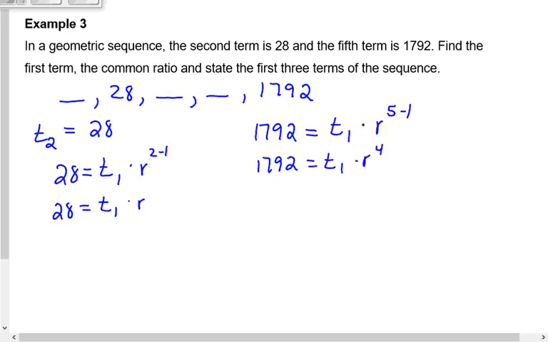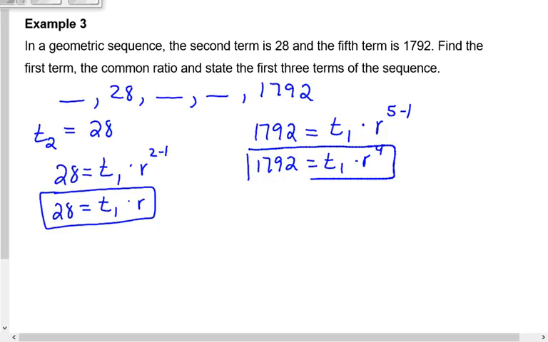So here we have 2 different equations with 2 different variables. So once again, we need to work with that substitution or elimination property. And what I'm going to do is isolate T1 in this first equation. So I'm going to divide both sides by R. So I would get 28 over R equals T1.